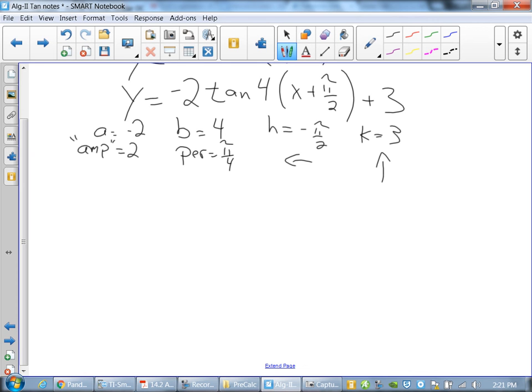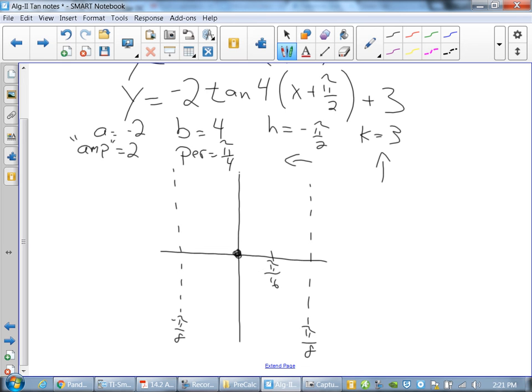If your period is pi over 4, where am I going to place the asymptotes? Good. What's halfway between pi over 8 and 0? A value is negative.